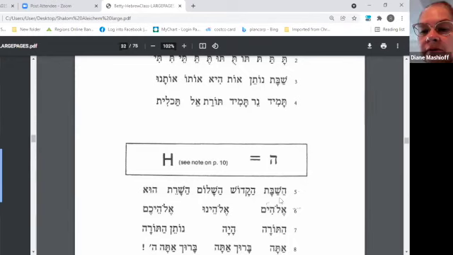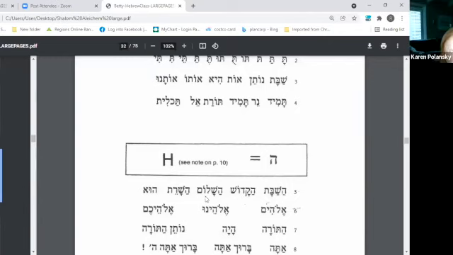Now, in Hebrew, when an adjective comes after the noun, and you wanted to say the Holy Shabbat, you would say HaShabbat HaKadosh.